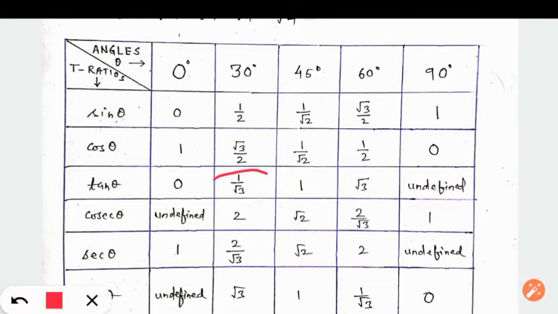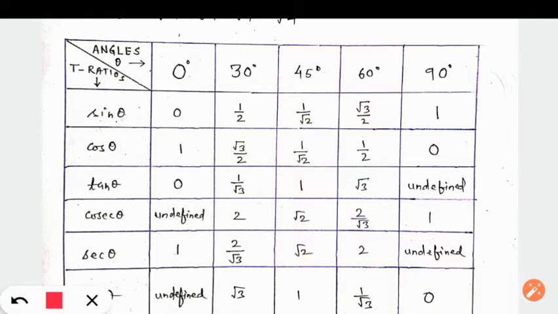So tan 30 degree is 1 by root 3. Tan 45 degree: divide this and this, you will get 1. So tan 45 degree is 1. For 60 degree, divide this with this, 2 cancels out, root 3 by 1, which is root 3.